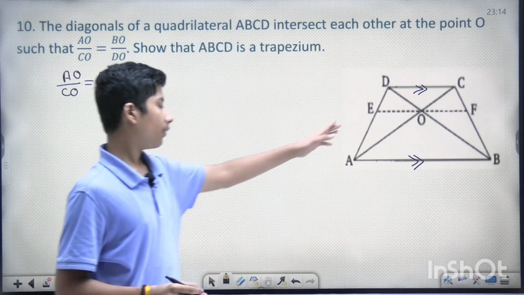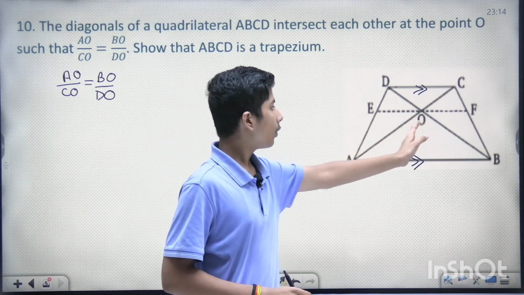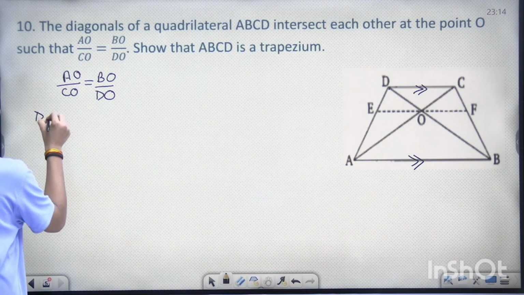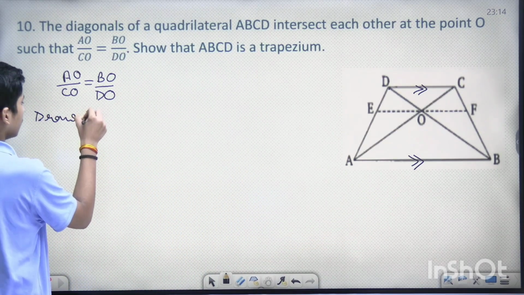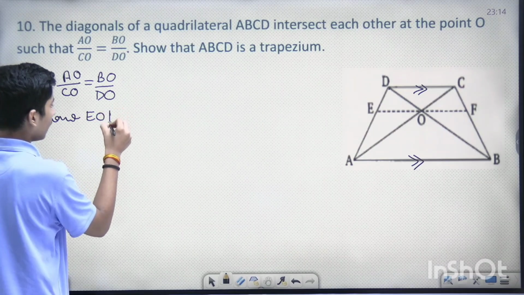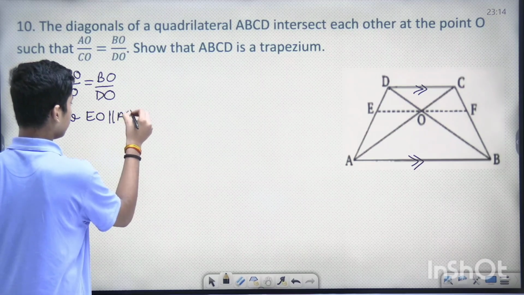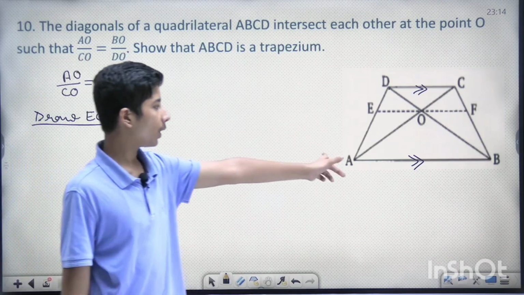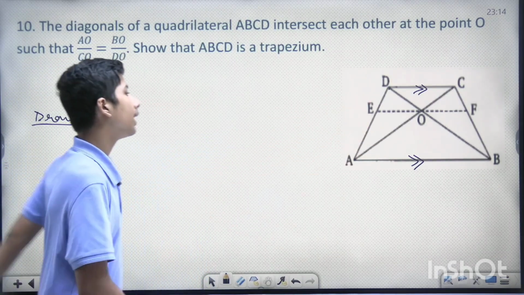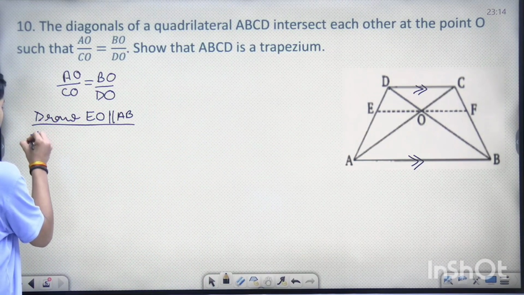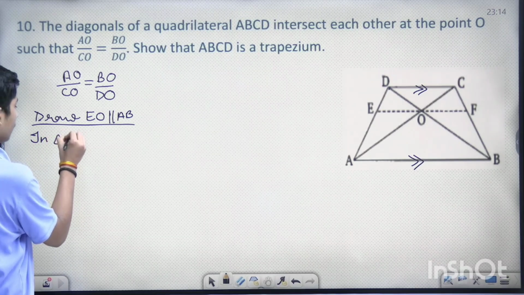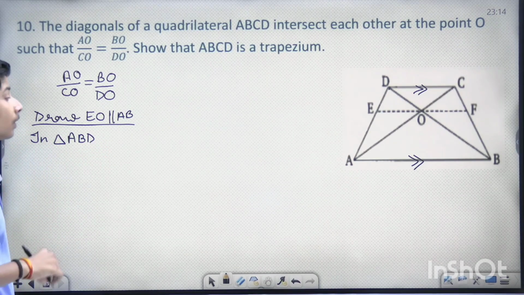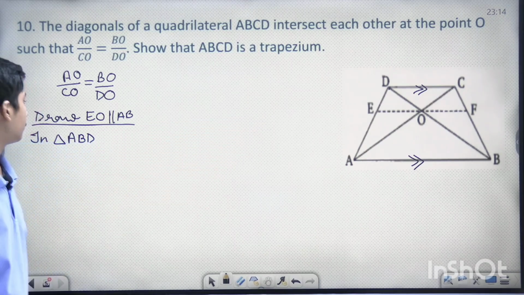Now again we draw EO parallel to AB. Now in triangle ABD, EO is parallel to AB.